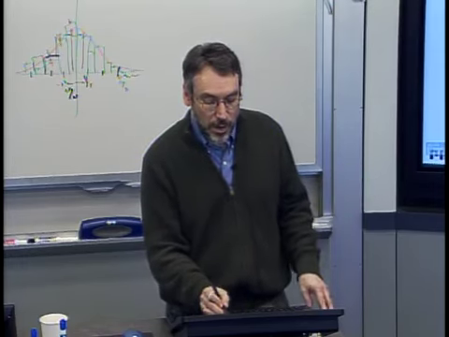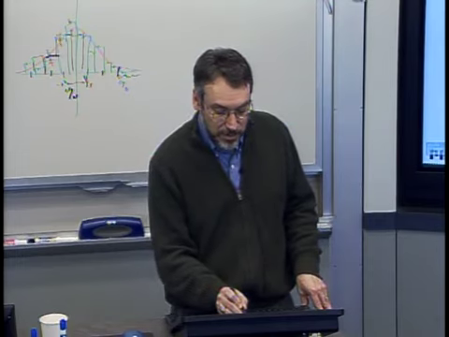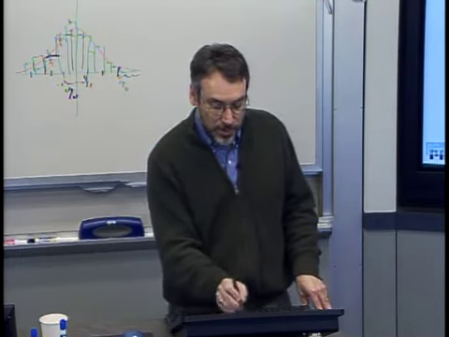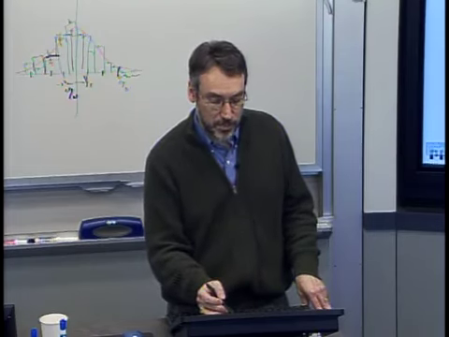So I get a cancellation, and the variance of my x bar is just equal to what I've shown here, 1 over n times the variance of the underlying distribution.